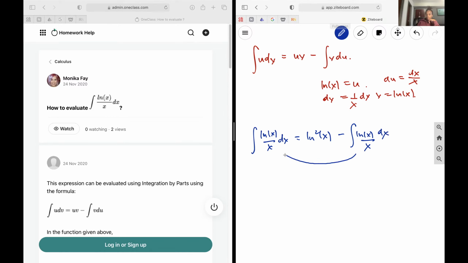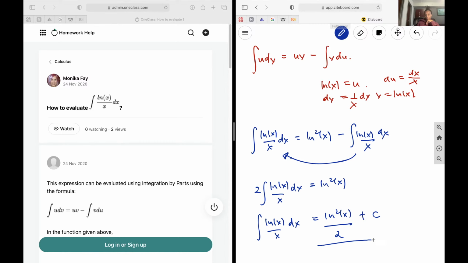And so I'm just going to move everything that's common to one side, and I get 2 by the integral of ln x over x dx is equal to ln squared x. And so now I'm just going to isolate. So the integral of ln x over x dx is equal to ln squared x over 2. And then I need to remember that this is an unbounded integral, and so there will be a plus c. And that's going to be the final answer for this question.